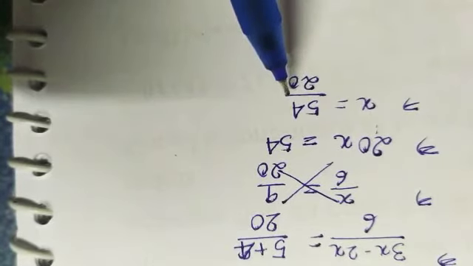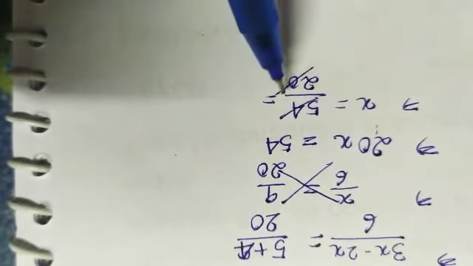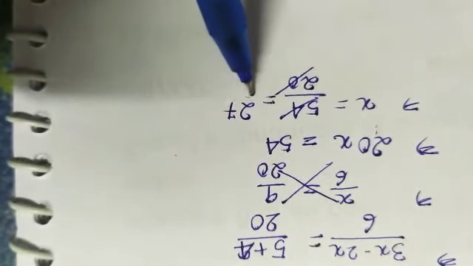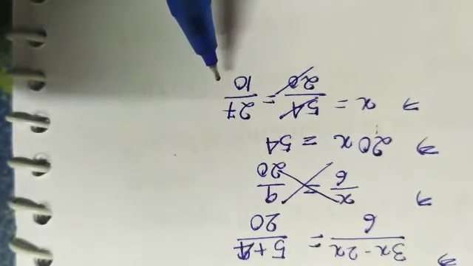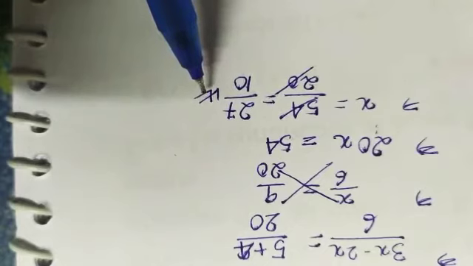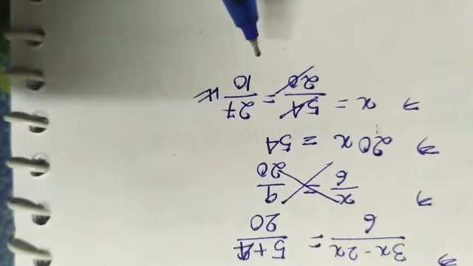So 54 by 20, if we cancel it by 2, we get 27 upon 10. Now we cannot further reduce it, and hence it is the lowest term. We have to always keep the rational number or the fraction in the lowest term, otherwise you will not be getting marks on this part.